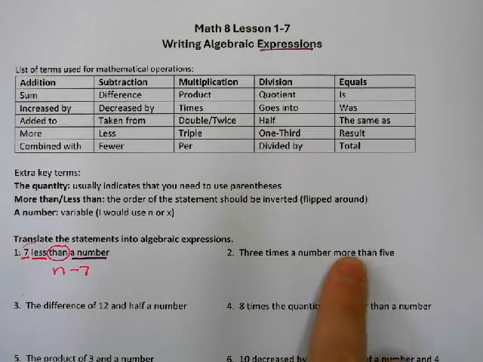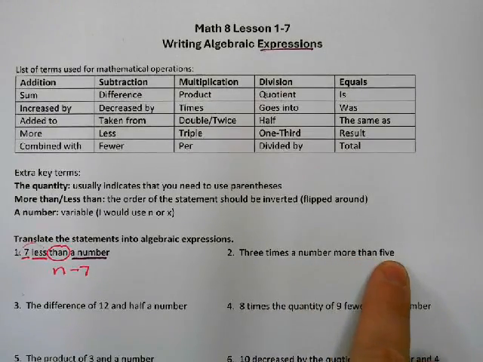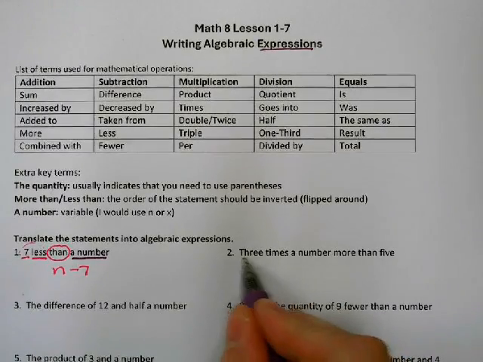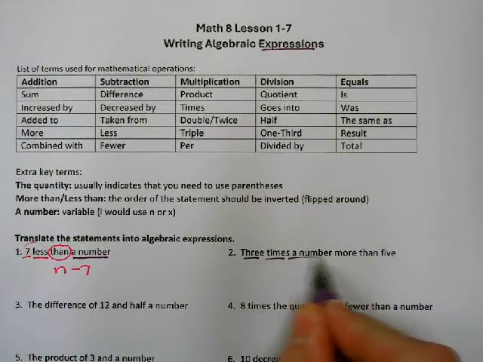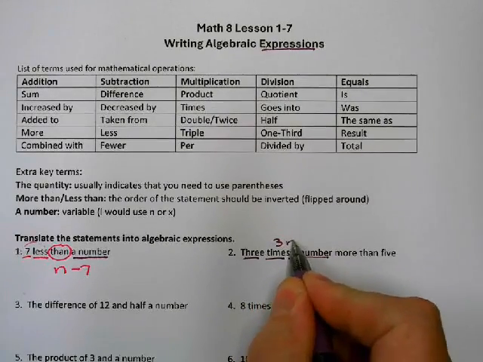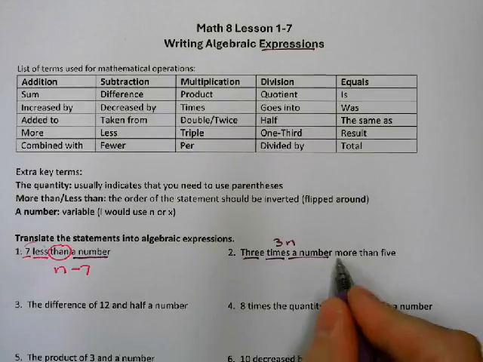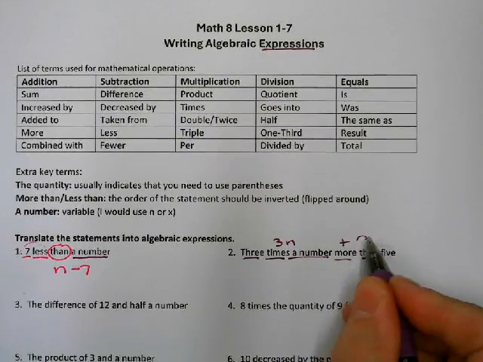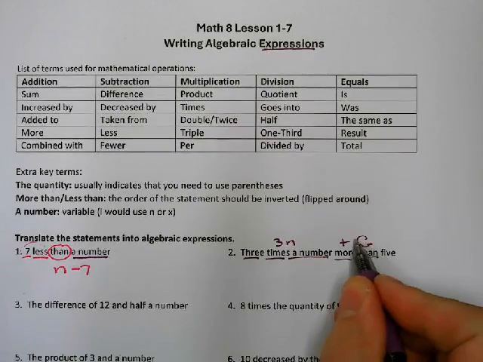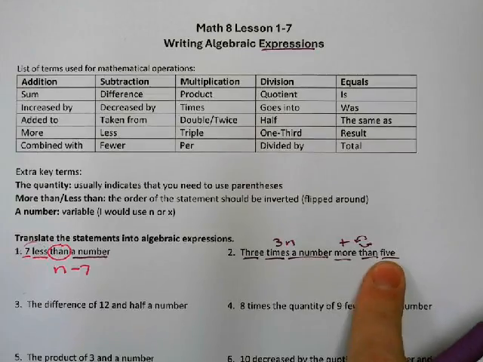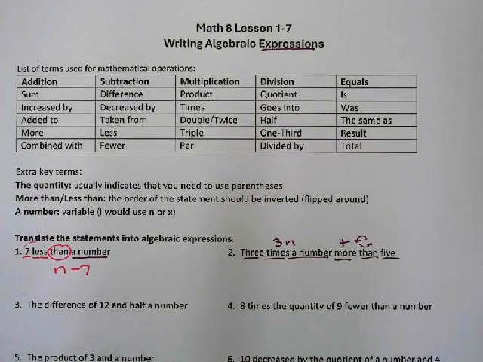3 times a number more than 5. Okay, so let's look at this. We've got 3 times a number. So that's indicating 3 times n. More than, plus, and then this means switch the order. 5. All right, so that means 5 is going to come first.